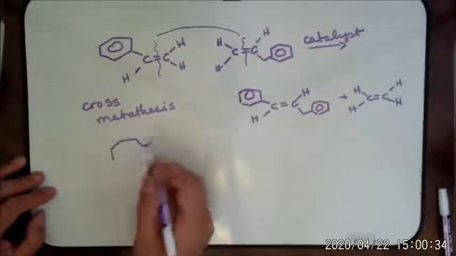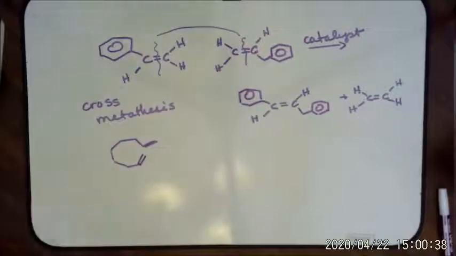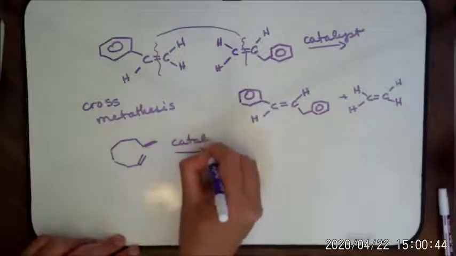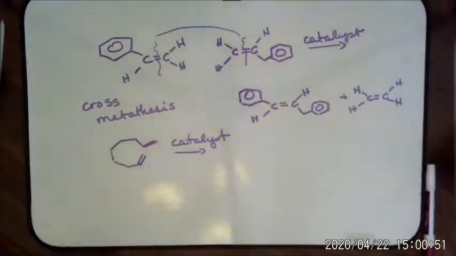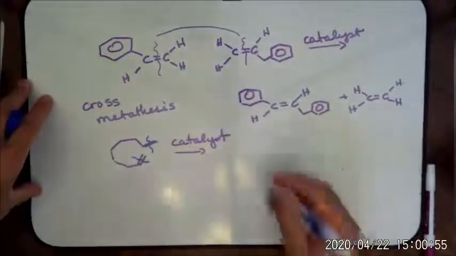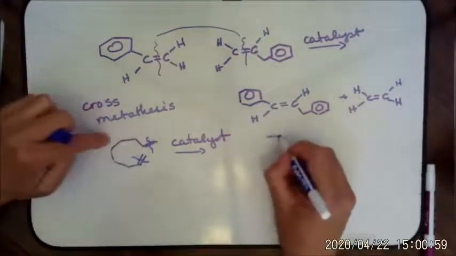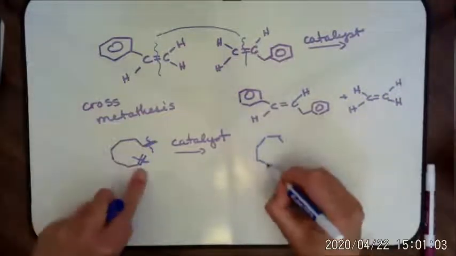2, 3, 4, 5. Okay. So, if you put in your catalyst, then basically you would get 1, 2, 3, 4, 5, 6, 7.